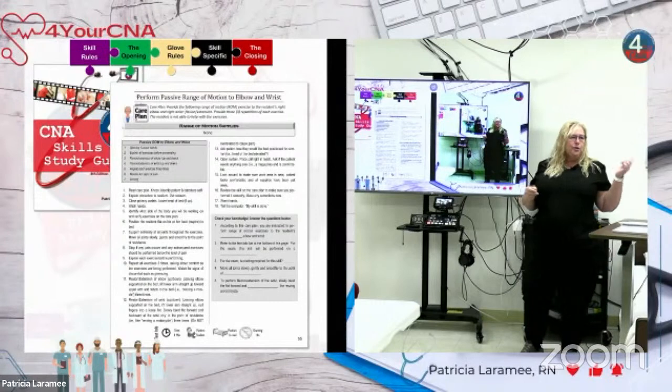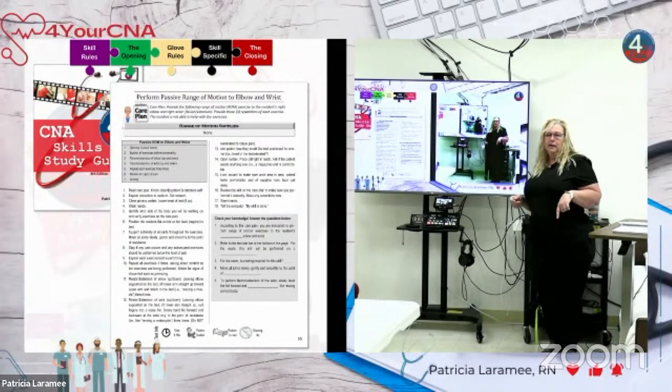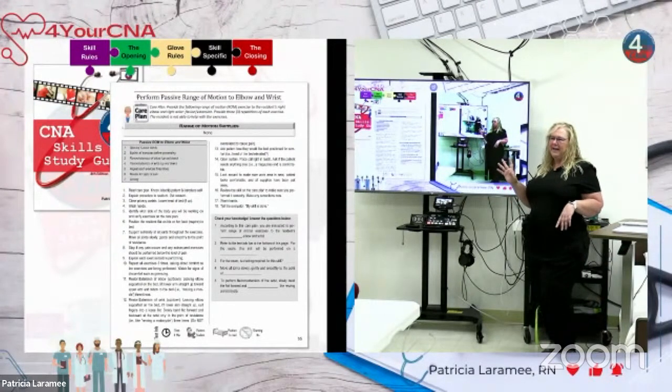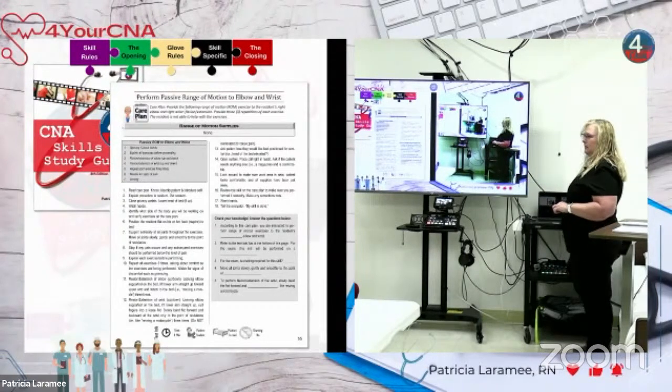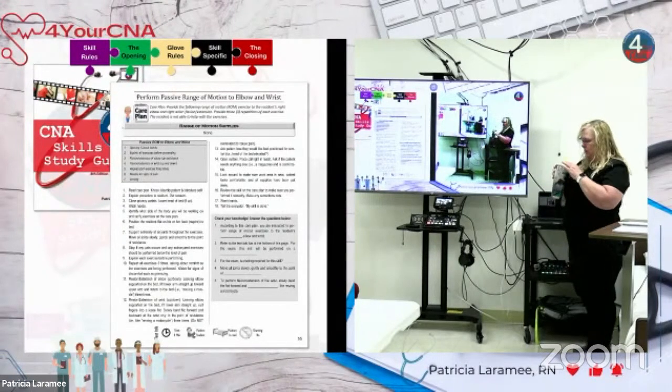What if you think the patient should probably have all 3 exercises done on their wrist? Okay, so what do we follow?